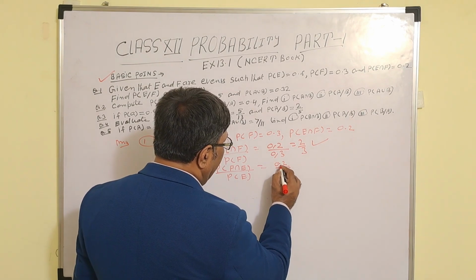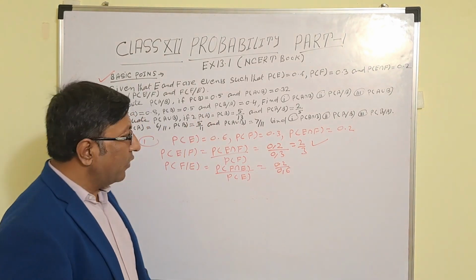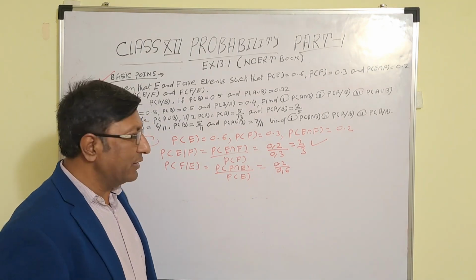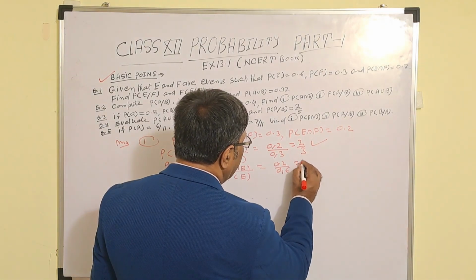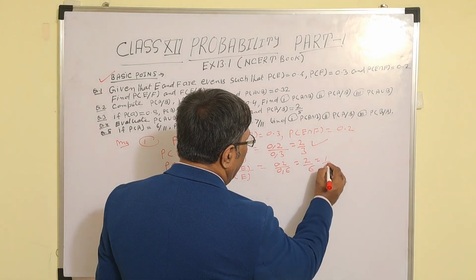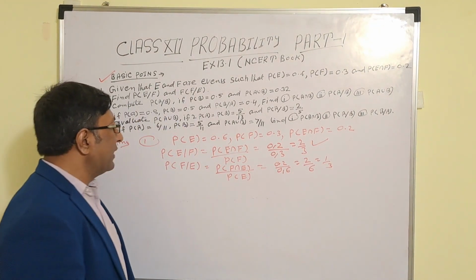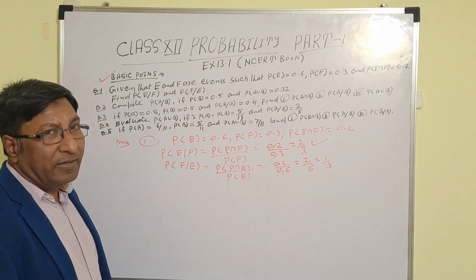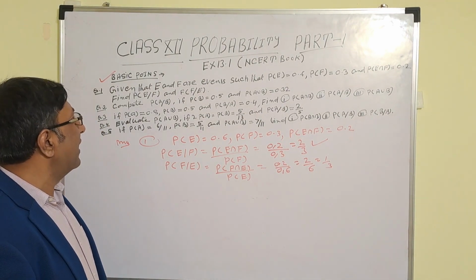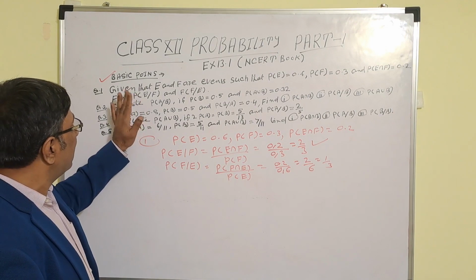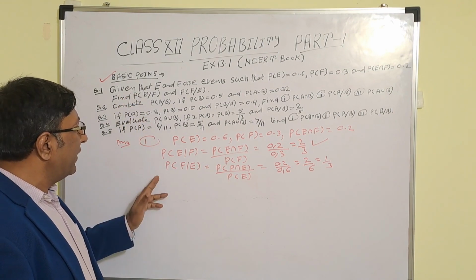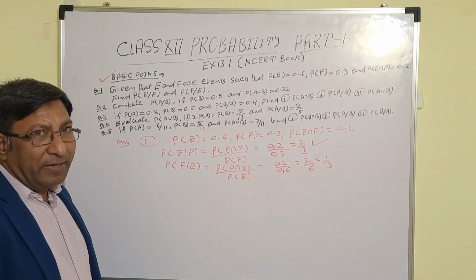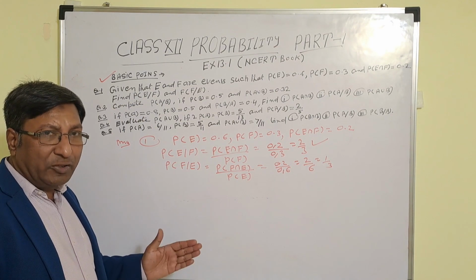Again the decimal cancels out because there is 1 digit after the decimal in both. So we get 2 by 6, which is 1 by 3. So our correct answer for probability of F by E is 1 by 3. In this way, we have solved question number 1, probability of E by F and probability of F by E. Okay? I think you have understood well.